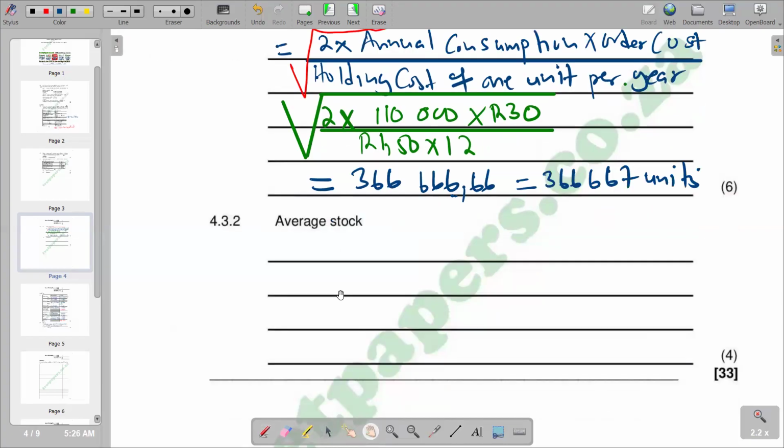So lastly, we have the average stock. For the calculation of the average stock, we need to come up with a formula whereby you say average stock is equal to economic order quantity over 2, and then we add safety stock.